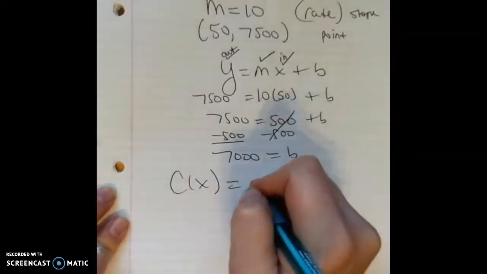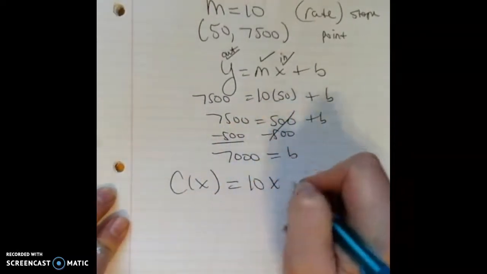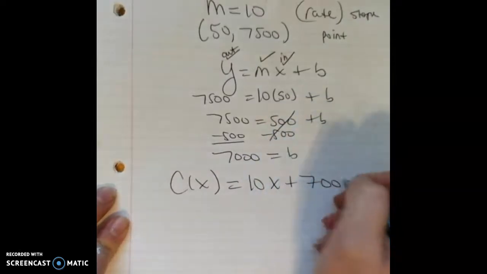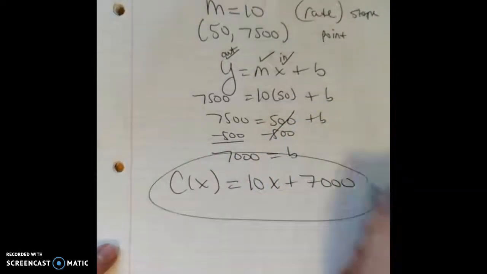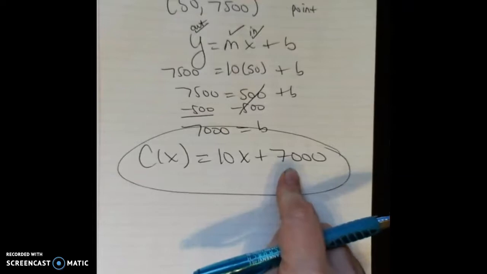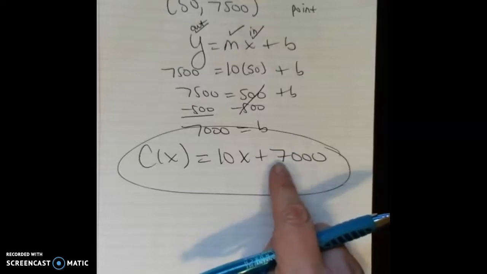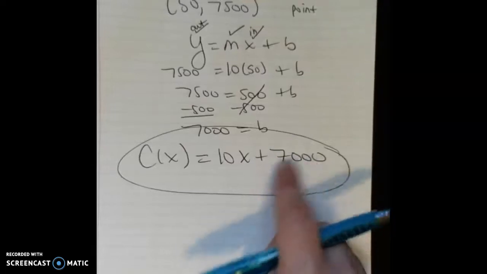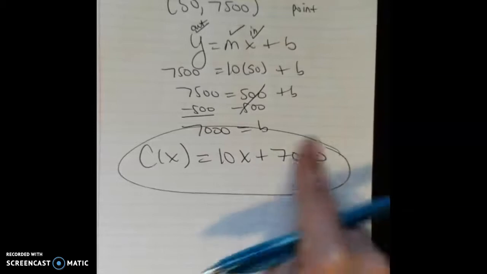And so you can write your cost function. So your rate was what, 10x, and what's your fixed cost? 7,000. So again, what this is telling you is that this person spent $7,000 on one-time expenses. Maybe equipment, maybe they're going to have a screen printing business and they bought a bunch of things that are only one-time expenses.